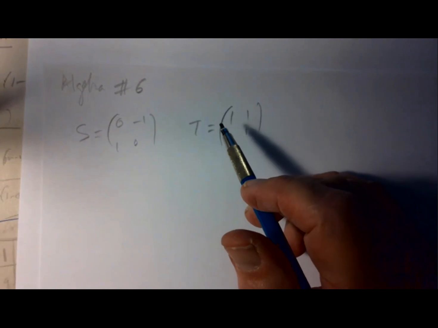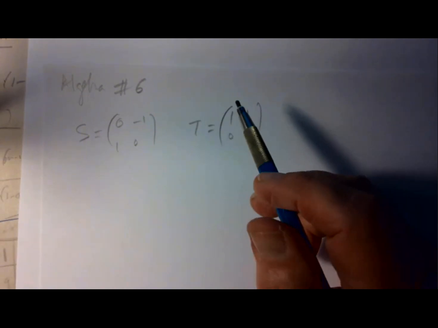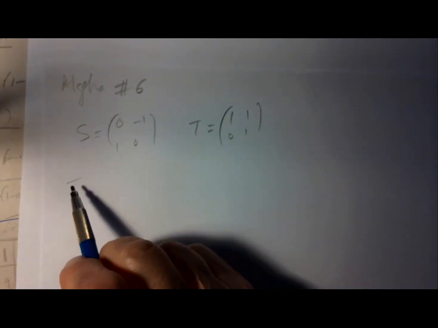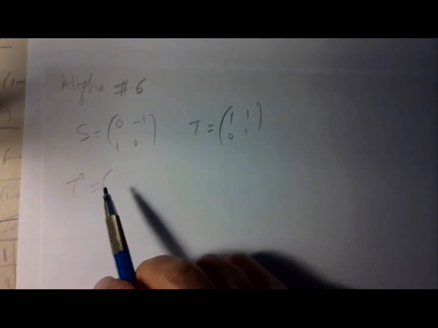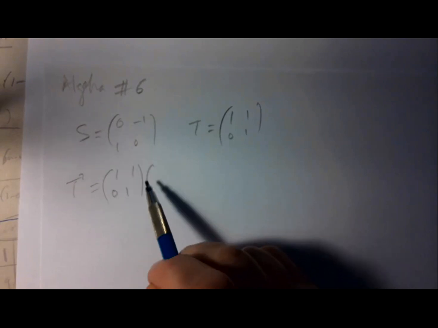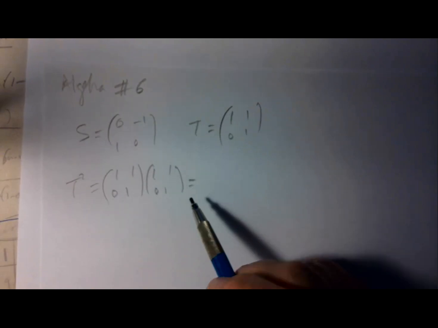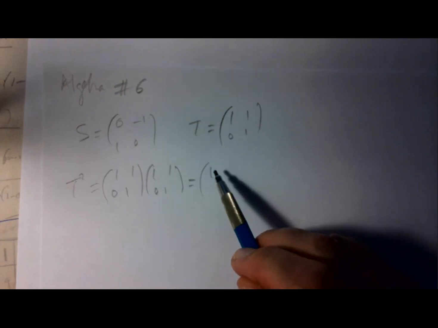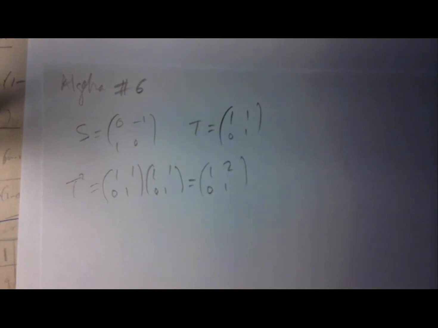For part B, we want to look at T to the N. So let's see, what is T squared? It's 1, 1, 0, 1 times 1, 1, 0, 1. When you multiply the matrices, you get 1, 2, 0, 1.